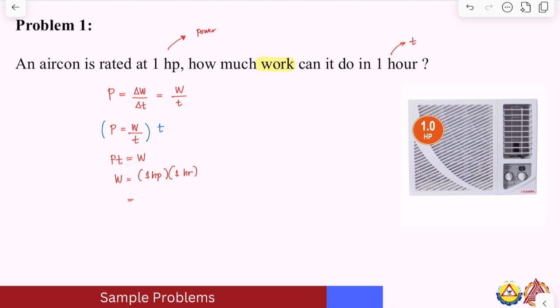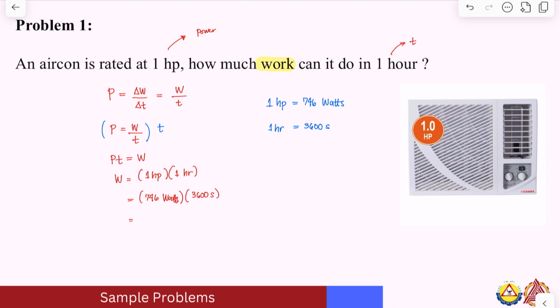You have to recall that, as I've said earlier, your 1 horsepower is just 746 watts. Now for your 1 hour, I'm hoping I don't have to go step by step, but 1 hour is 3,600 seconds. So you have to figure out the step by step process of why you arrive at 3,600. So 1 HP, we're going to substitute with the SI unit, that's approximately 746 watts. 1 hour is 3,600 seconds.